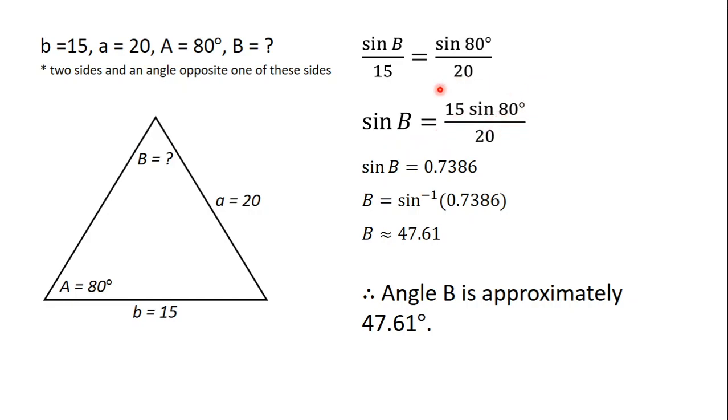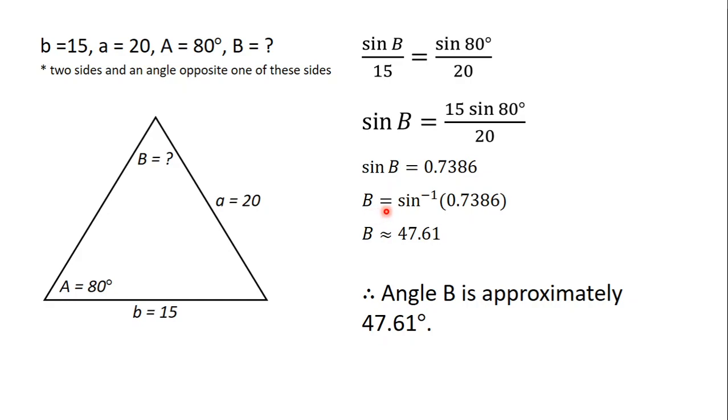The equivalent of this ratio is 0.7386. So sine B is equal to 0.7386. But we're not solving for sine B. We are solving for just the measurement of angle B. So we're going to use inverse trigonometric functions, and on this item, it is the arc sine.